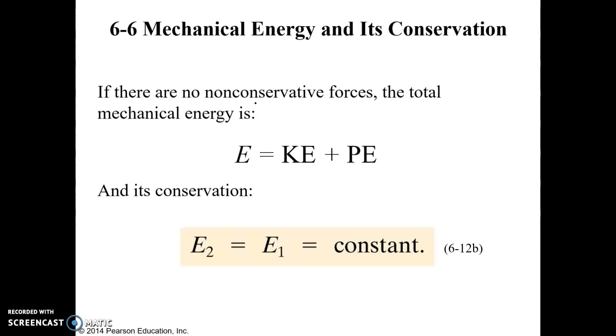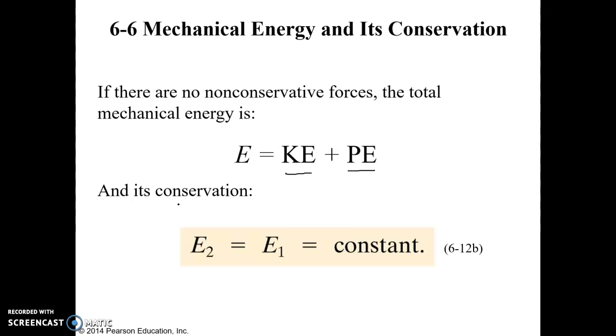So if we ignore non-conservative forces for now, then we can look at a situation and say that the total amount of energy in that system is equal to the sum of all of the kinetic energy and the potential energy.